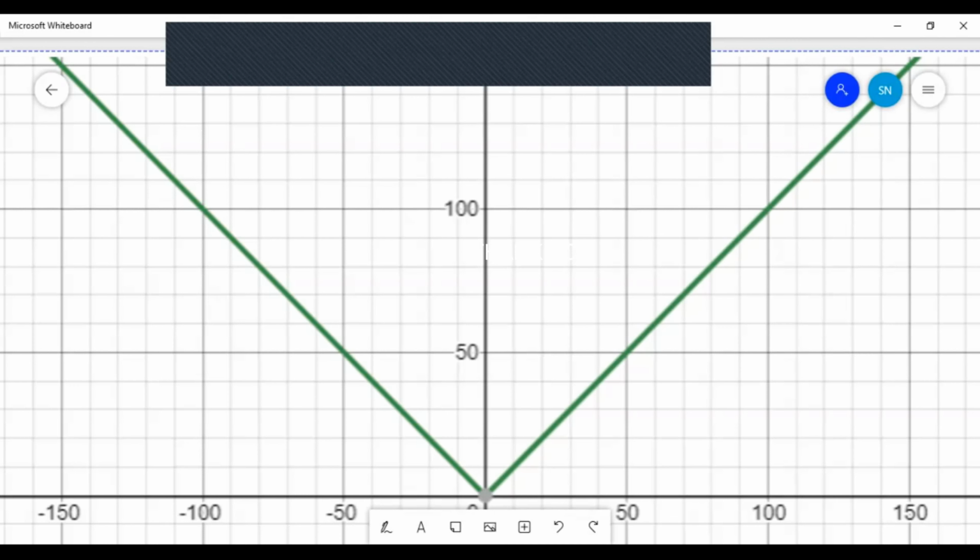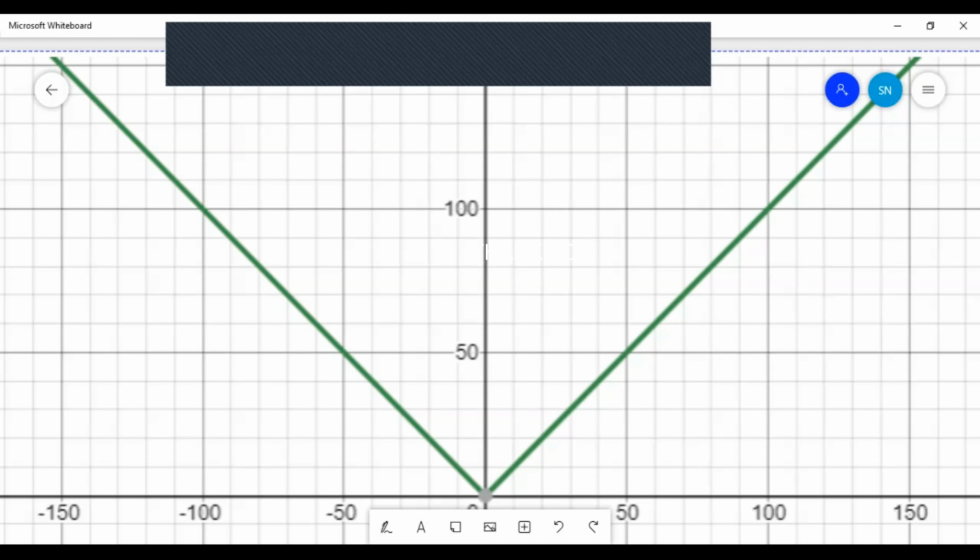The second one is this graph is decreasing from minus infinity to 0. It is coming down, and from 0 to infinity it is increasing. So this is not a monotonic function, right? And at the same time, the minimum value of the function modulus of x is 0.